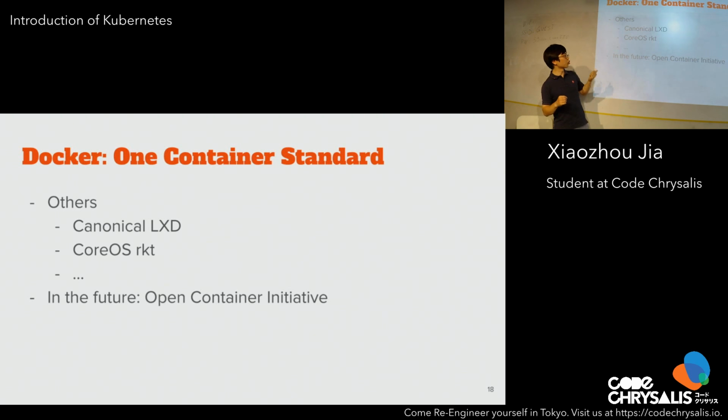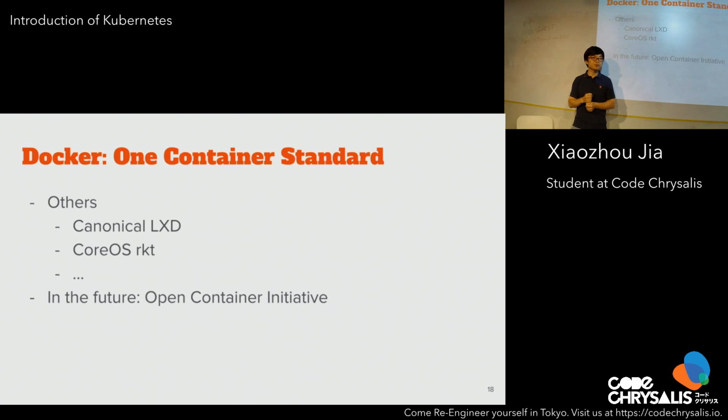And nowadays, there is a group called the Open Container Initiative. What they are trying to do now is define a common, standardized way of defining container images. And the group was led by Docker.